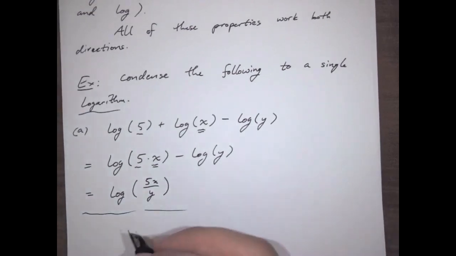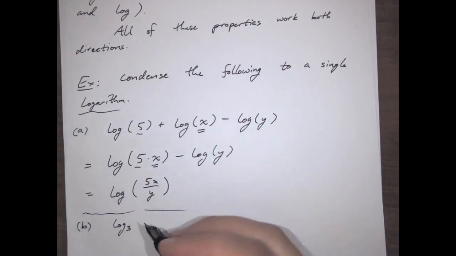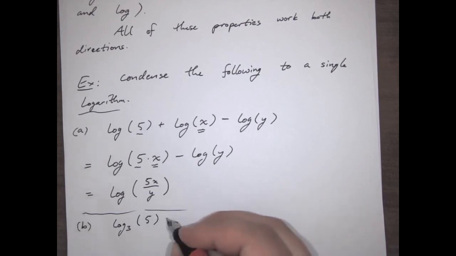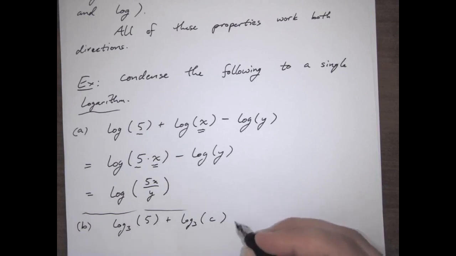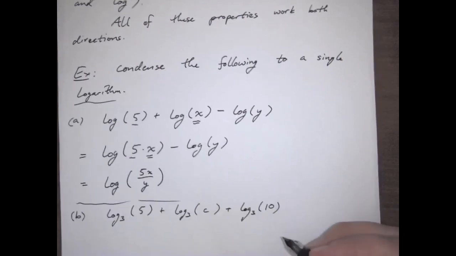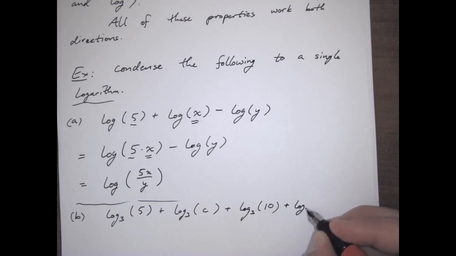Now another thing we could have would be something like, let's say we had the log base 3 of 5 plus the log base 3 of c plus the log base 3 of 10 plus the log base 3 of d.